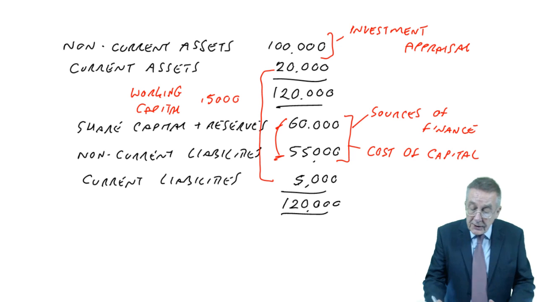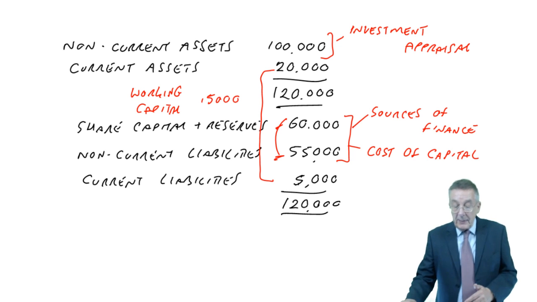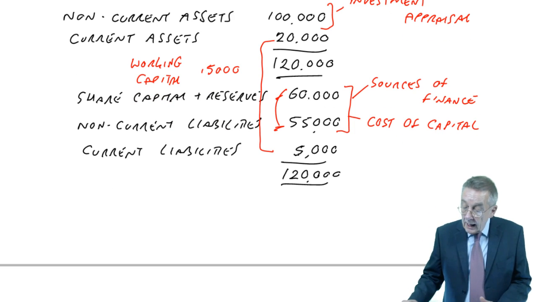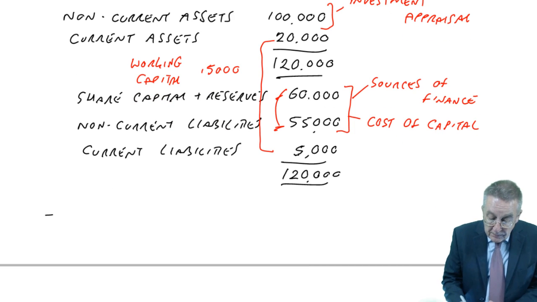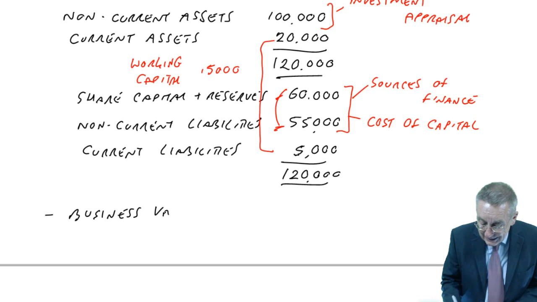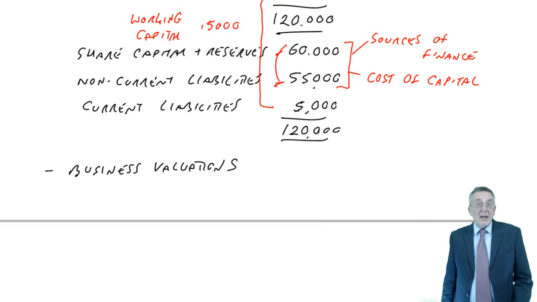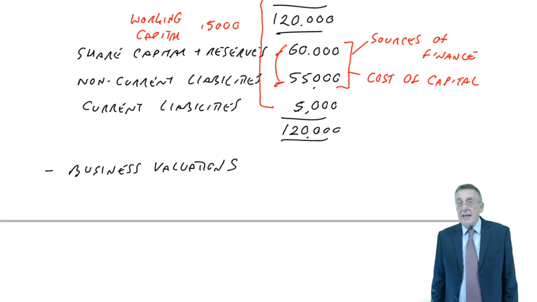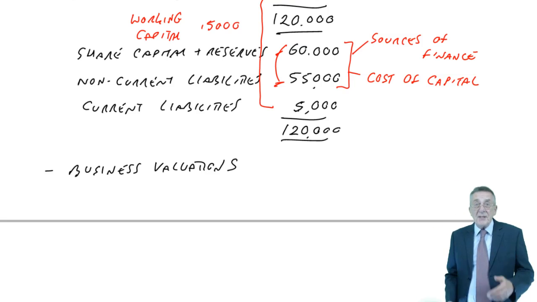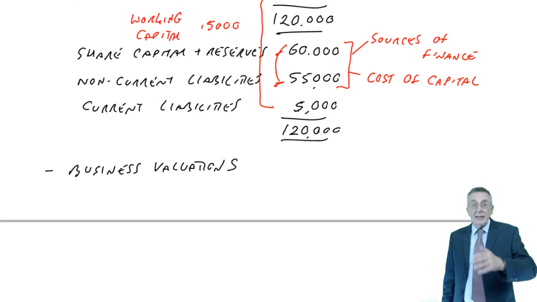A couple of other things, though, for the syllabus, which I can't really show on that picture. But something called business valuations. If I was thinking of buying that business, how much is it worth? I can't simply rely on the figures in the balance sheet, the statement of financial position, because they're just book values.